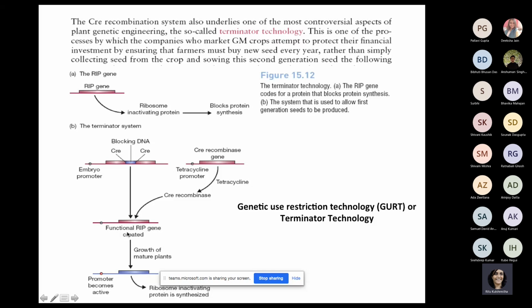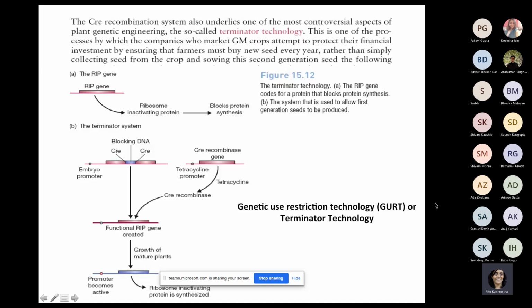But the plant can easily grow because the promoter is highly specific in nature. So during any stage in the plant, it will not get activated and interfere with the growth process. But when the plant is having the seeds, then the seeds will be highly compromised, because the rib gene will get activated, because we have put a promoter which is highly specific for embryo, and as a result the seeds will be sterile.